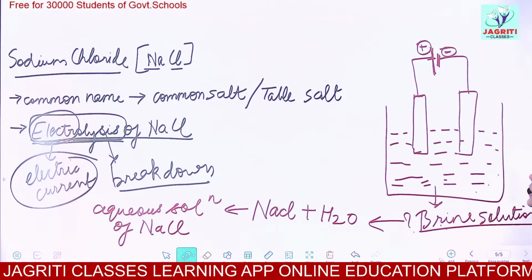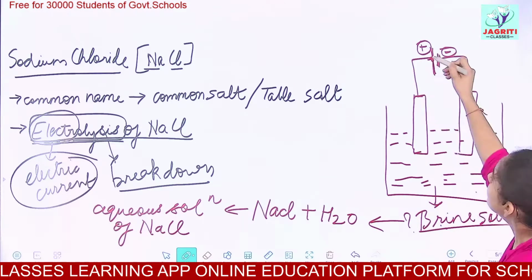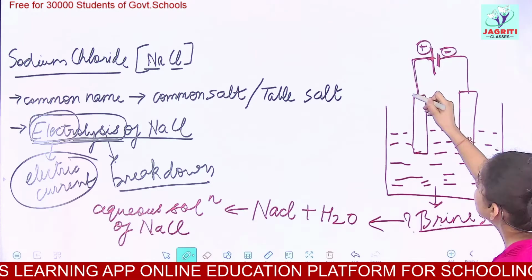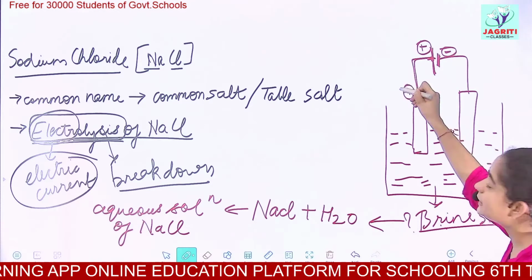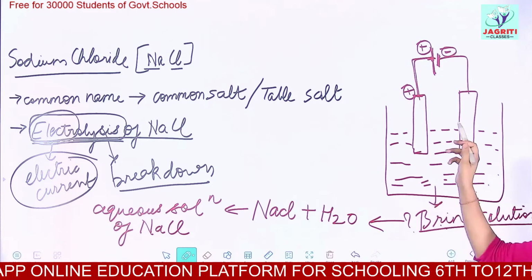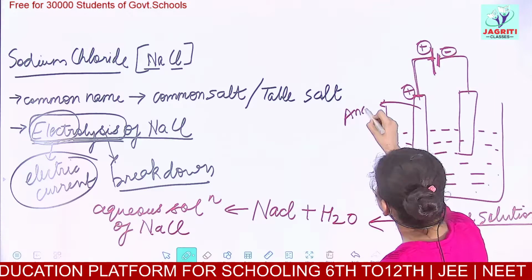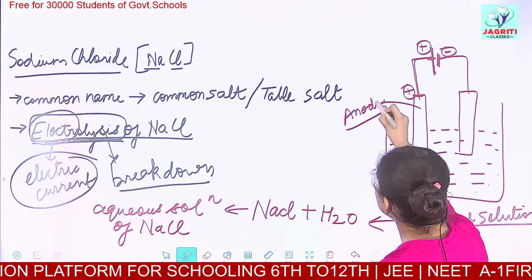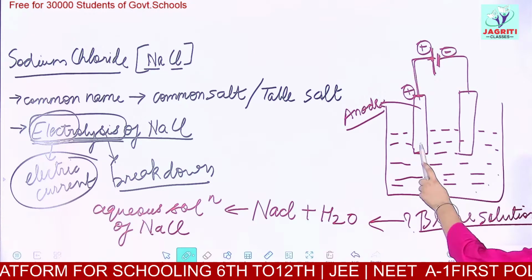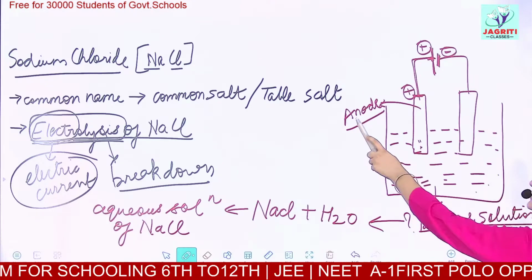Whenever the positively charged end of a cell is connected to an electrode, the electrode also becomes positively charged, and such a positively charged electrode is called an anode.